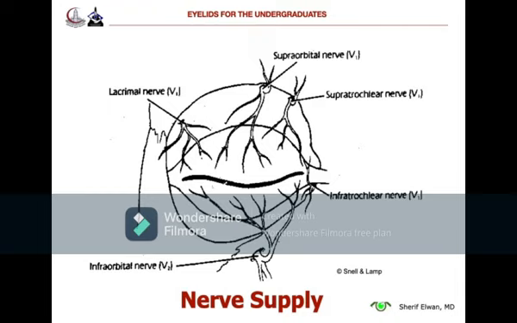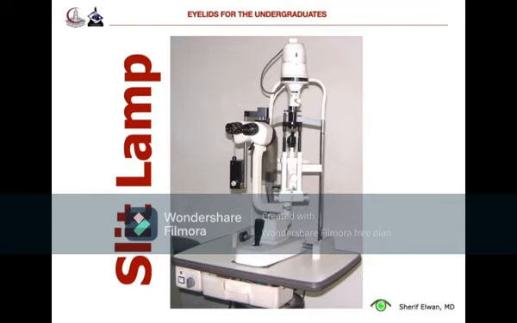The orbicularis muscle takes innervation from the facial nerve, and this is the sensory supply via the fifth cranial nerve via its ophthalmic branch, giving the lacrimal and the supraorbital and supratrochlear nerves, while the maxillary, which is the second division of the trigeminal fifth nerve, gives the infraorbital nerve.